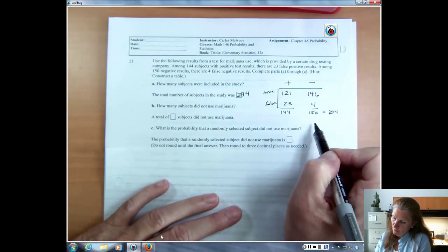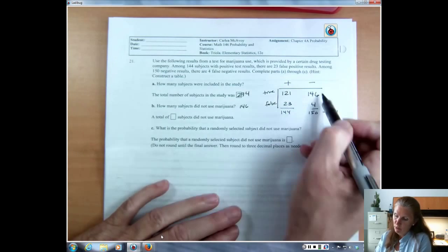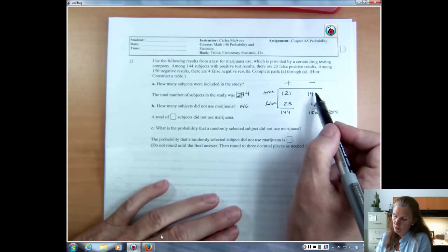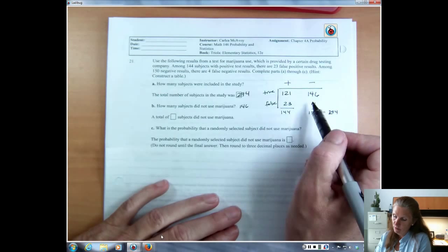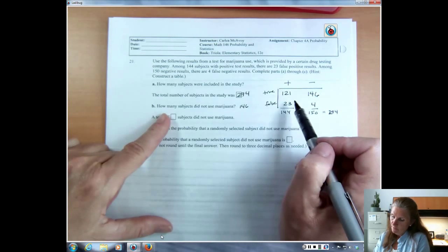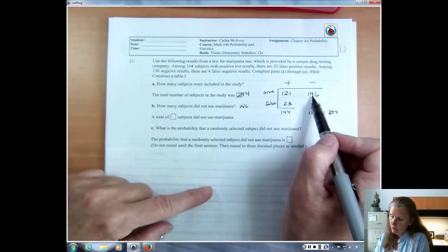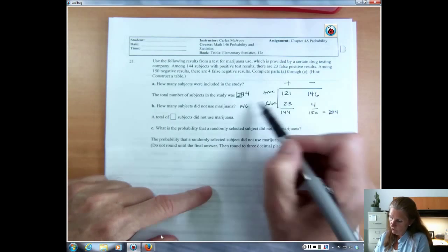So I'm going to say there was 146 people from this column who actually did use it. Oh, wait a second. No. Here, wait a second. How many subjects did not use marijuana? There was 146 people that truly did not use it. They were negative and truly they didn't use it. That is what I wanted to write.